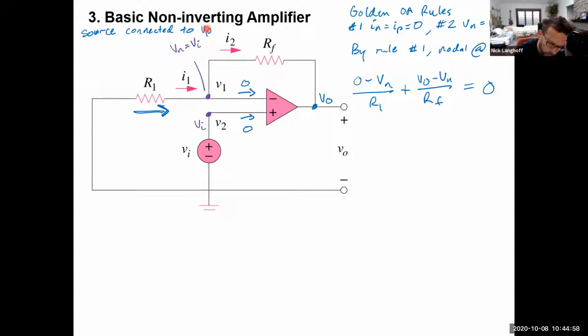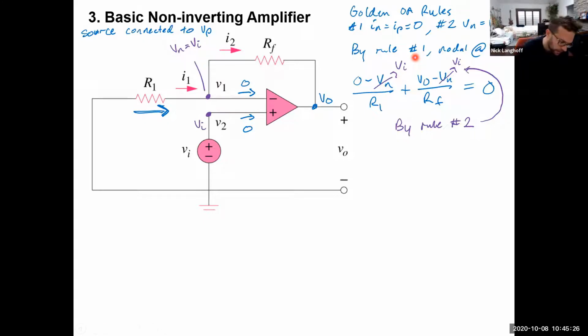So by rule number 2, we have that Vn is equal to Vi. And voila, at this stage, we now have a single formula where it has V out terms in it and VI terms in it.